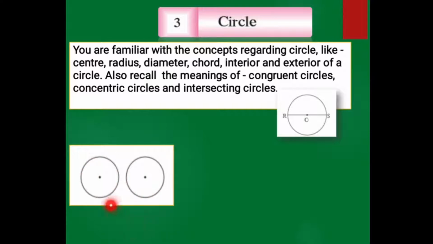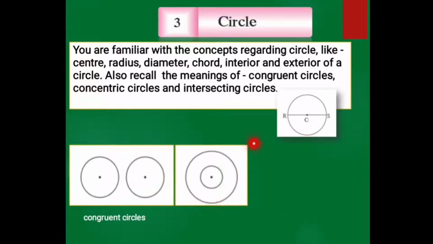That means they do not have a common point. That means these two circles are not intersecting circles. These two circles are congruent circles when their radius is the same. So these are the congruent circles.